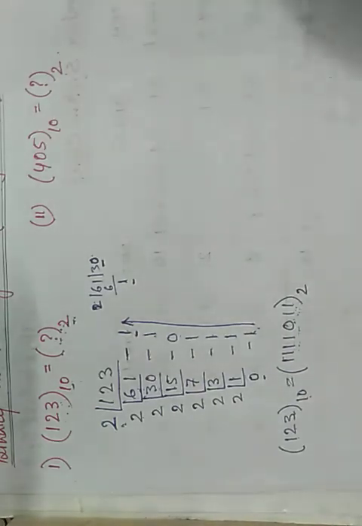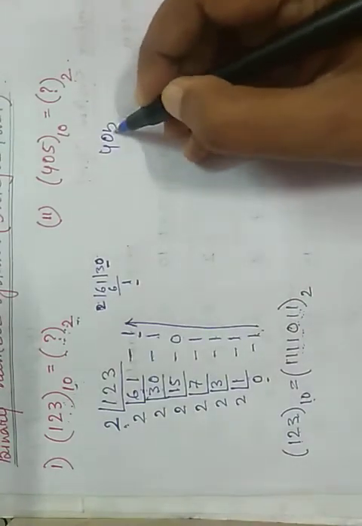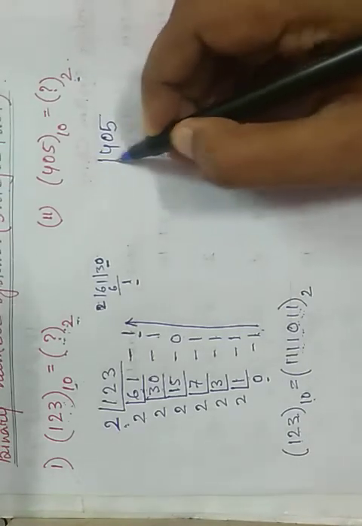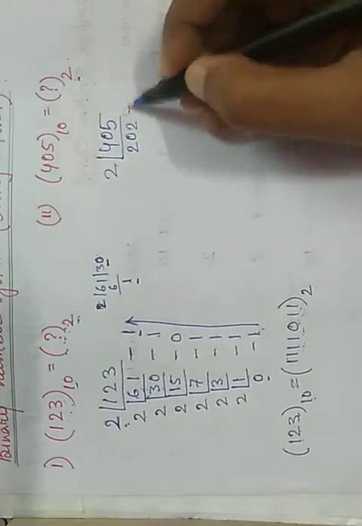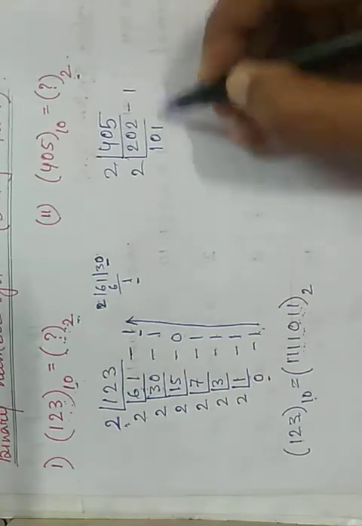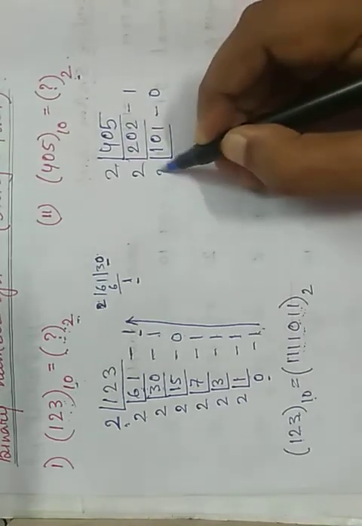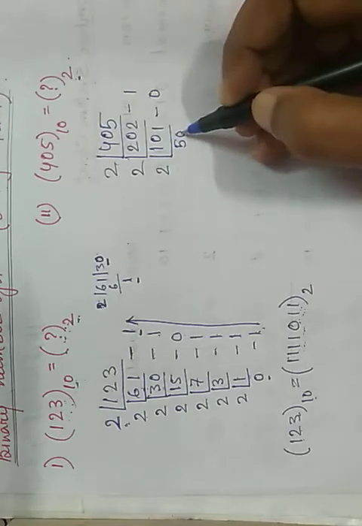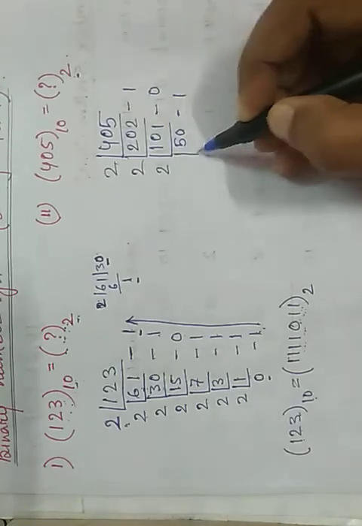Okay, now let us see another example, 405. We have to convert it again to the binary number system, so we have to divide it by 2. 2 2s are 4, remainder 1. 2 1s are 2, remainder 0. 5, 2 2s are 10, remainder 1.